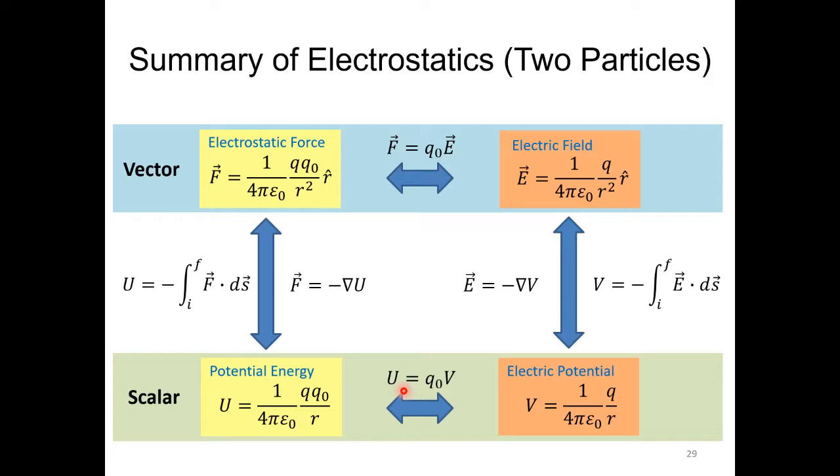So F and E are vectors, and U and V are scalars. Between them, you just multiply by Q0, the test charge, so that you can change from E to F or F to E. And similarly, for U and V, you also multiply or divide by Q0 between them.